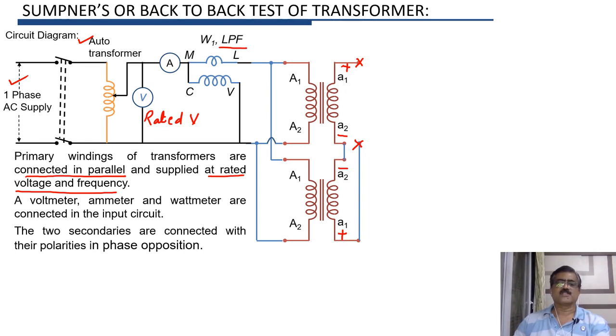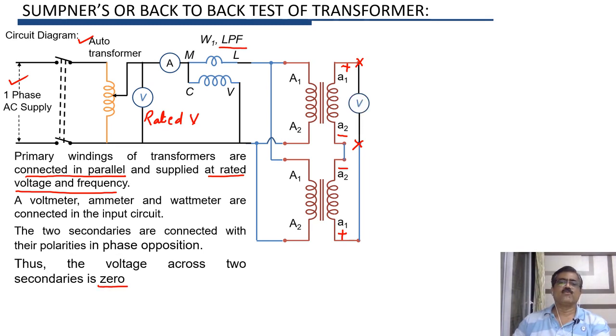And as the transformers are identical, the voltage across secondary of transformer 1 and the voltage across secondary of transformer 2 are equal. And therefore, as these two voltages are equal and opposite, the resultant voltage here will be equal to 0. So if a voltmeter is connected across these two terminals, then this voltmeter should indicate 0 volt.